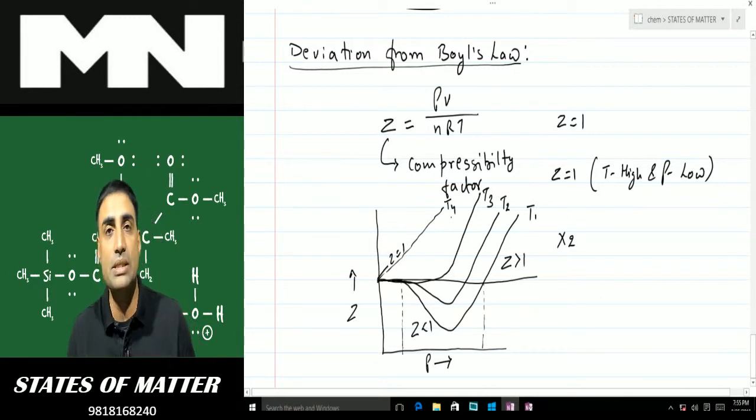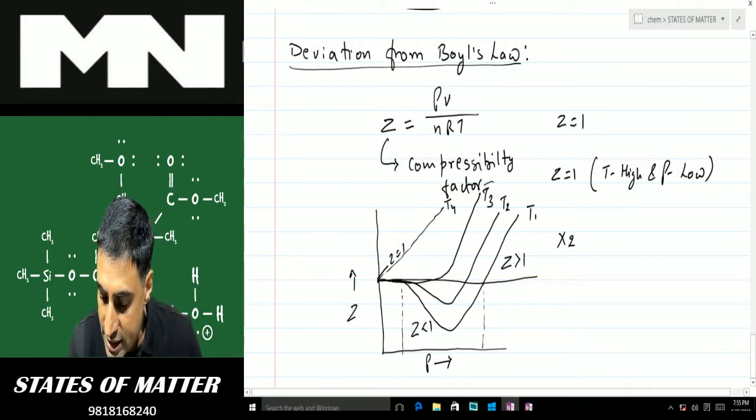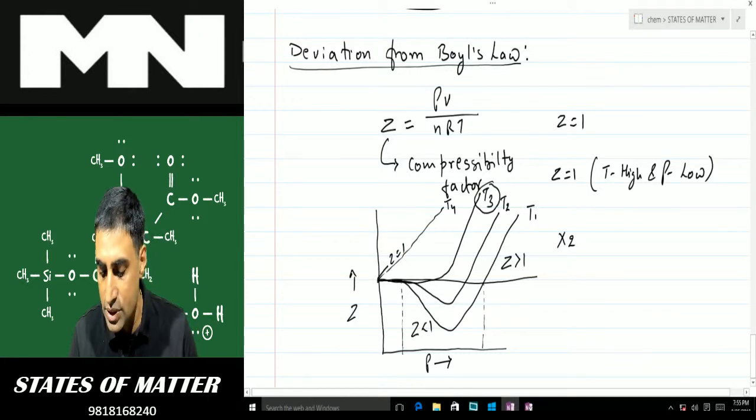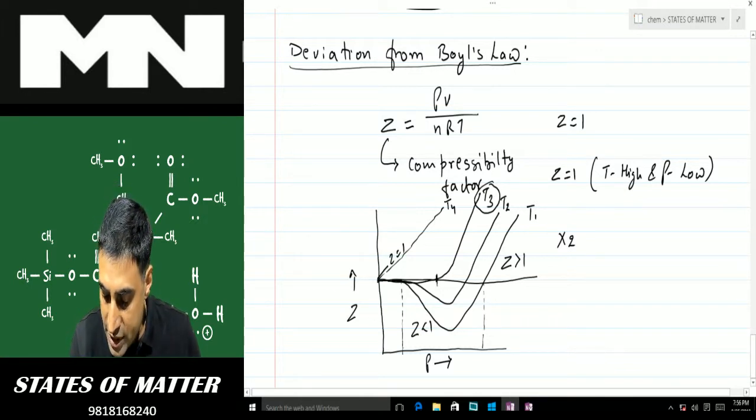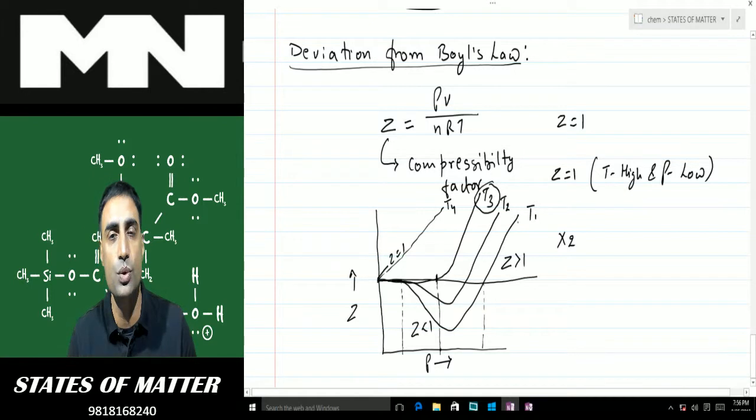Now here in this, you'll observe that at temperature T3, the value of Z is nearly equal to 1, even at high pressure. Generally what happens at this pressure, you'll observe that at temperature T1 and T2, Z is less than 1, it is not equal to 1. But at temperature T3, Z is nearly equal to 1.